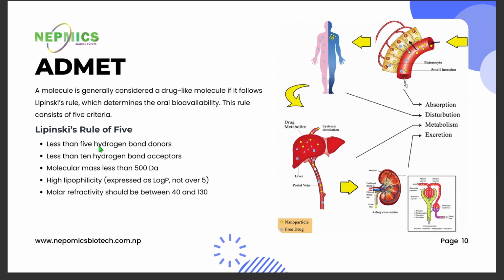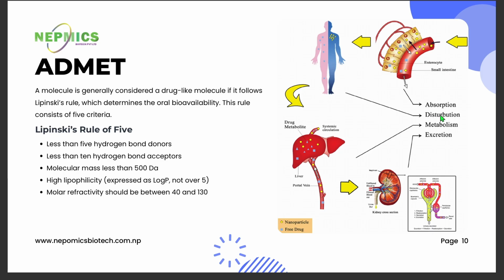The broader ADMET parameters need to be studied further. ADMET stands for absorption, distribution, metabolism, excretion, and toxicity of the drug. They are very vital parameters for pharmacokinetic study. You can see the figure here on the right-hand side. Absorption takes place in the enterocytes of the small intestine.